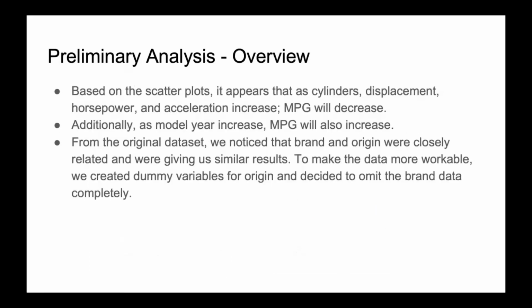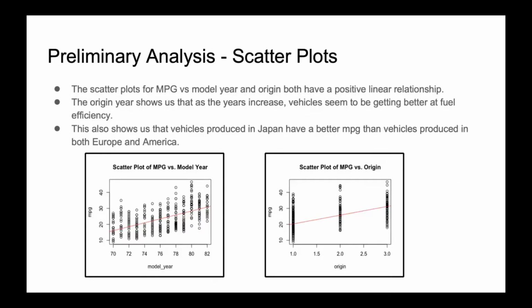The model year we treated as a continuous variable because there are so many different years that the cars were built in during the time period in which this data set was collected. And the origin, because there are only 3 different factors, that's why we decided to use the 2 indicator variables to be able to see the effect that origin has on miles per gallon.